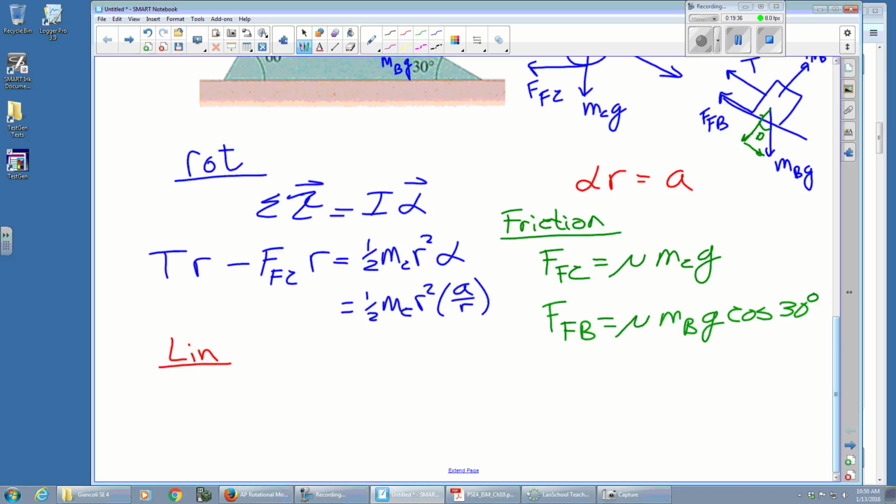In the linear side, I'm looking parallel to the plane, and down the plane, I'm going to have m_b g sine of 30. That's my force down the plane. Up the plane, I'm going to have my tension and my frictional force on the box, and those are going to come together to cause, remember, the sum of the forces equals MA.